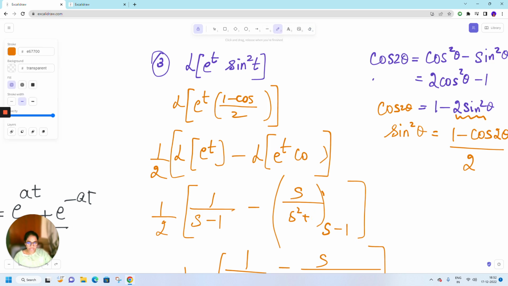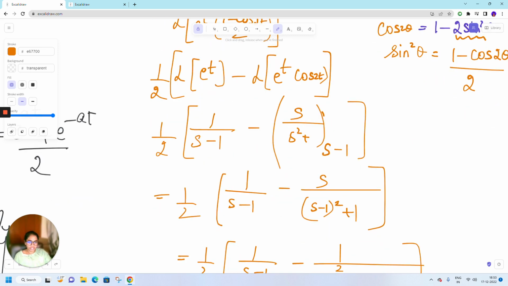Now let us do it step by step. Okay, we have 1 minus cos 2t. So even here I would get cos 2t. Yeah, e power t into 1 is e power t. Half is a constant, I took it out. Minus e power t into cos 2t. Yes, now f of t is cos 2t. Laplace of that would be s divided by s square plus 2 square.